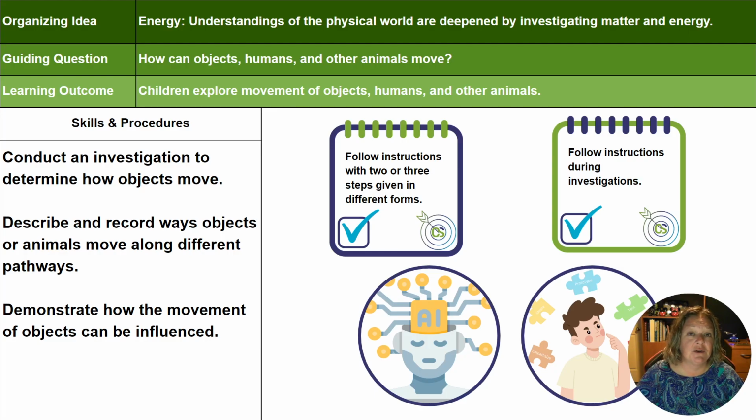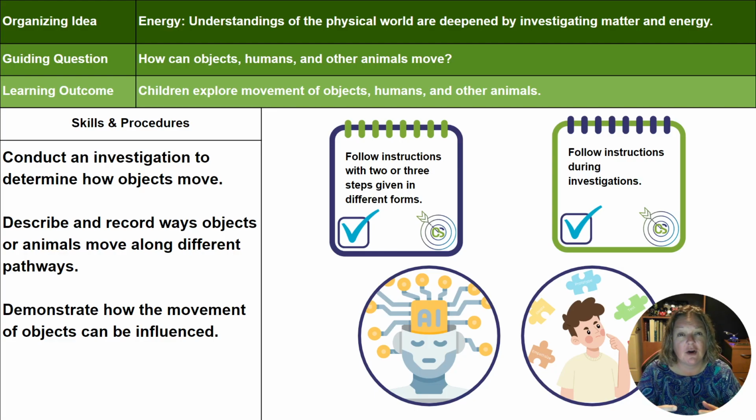One of your computer science skills and procedures is specifically to follow instructions during investigations. So if we are doing an investigation about how objects move and I'm following instructions, then I'm also meeting this computer science outcome.